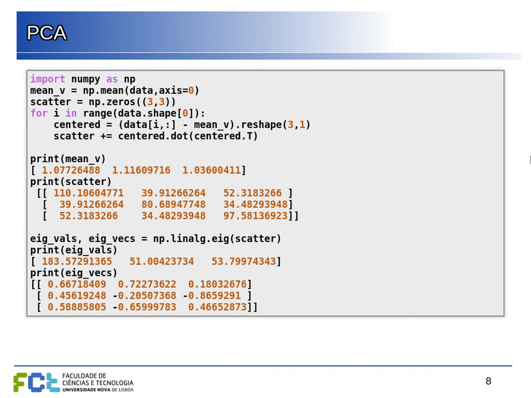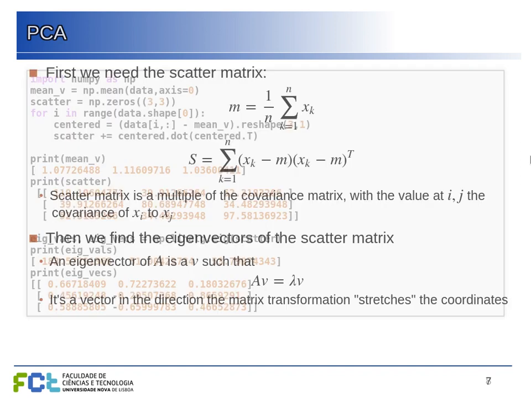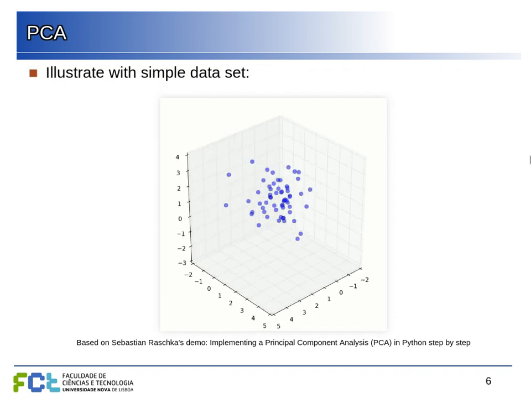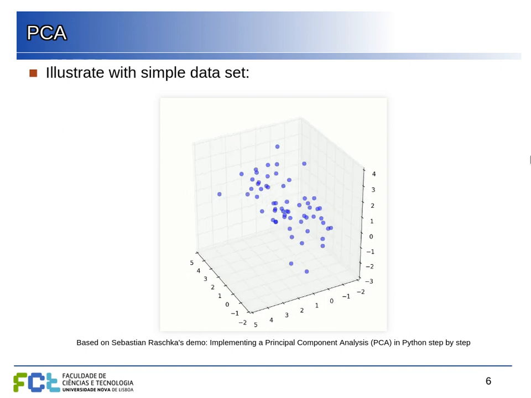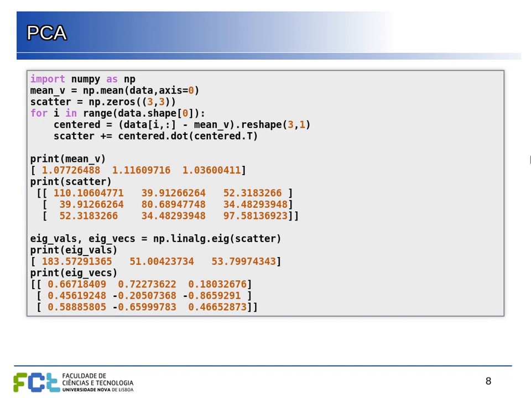We are going to use NumPy. We compute the mean points of our data. So this is the average of each feature. And now we create a 3 by 3 matrix with zeros because our problem is in 3 dimensions. So our scatter matrix will have 3 rows by 3 columns. And now we add all these products.